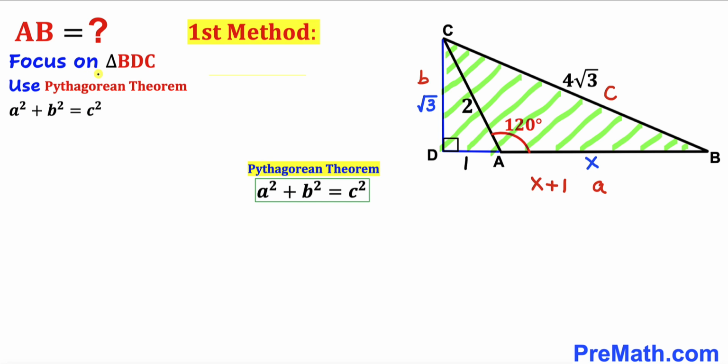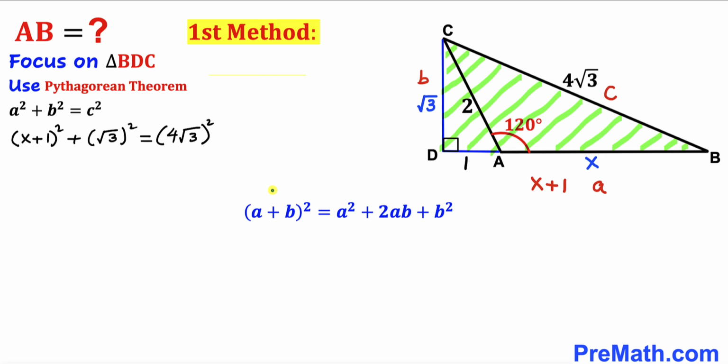Let's fill in the blanks in this Pythagorean formula. A in our case is x plus 1, so this is going to become a whole square. B in our case is square root of 3, whole square, equal to c, which is 4 times square root of 3, whole square.